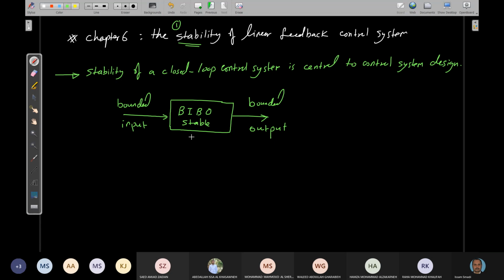So in general, the stability has no relation with the input. It's only related to what? To the system itself.